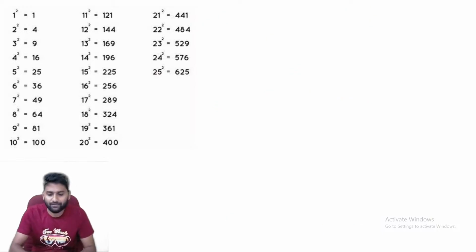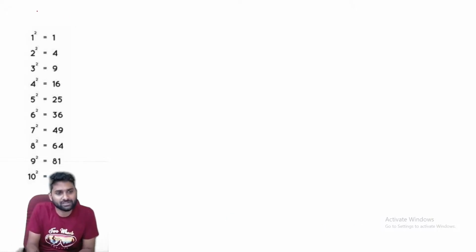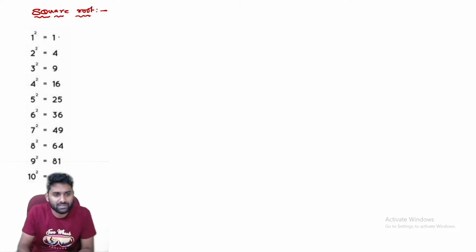Now, we'll talk about square roots. If you observe the squares of all those numbers, 1 square, the units place is 1; 2 square, units place 4; 3 square 9, 4 square 16, 5 square 25, 6 square 36, 7 square 49, 8 square 64, 9 square 81, 10 square 100.